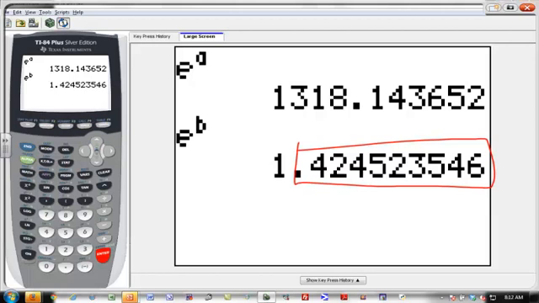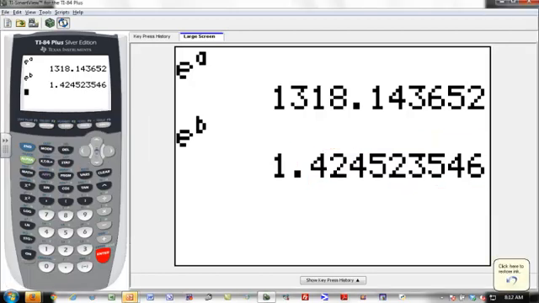Now, that's what the College Board wants you to know about exponential regression. They want you to think about it only in terms of switching it to linear and then transforming it back into an exponential equation. The people at Texas Instruments, on the other hand, had a different idea.